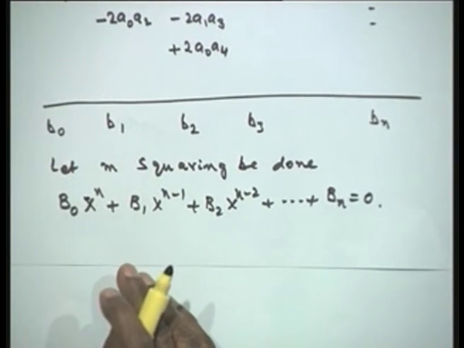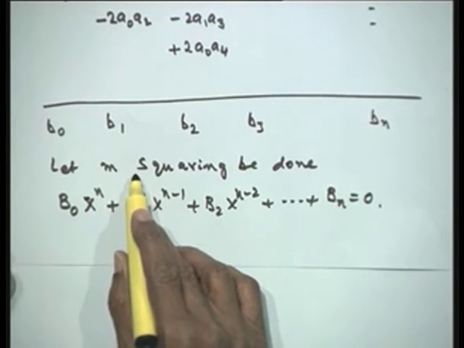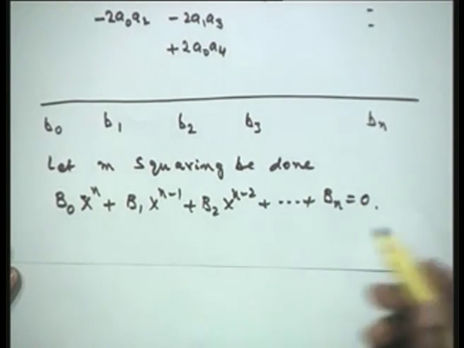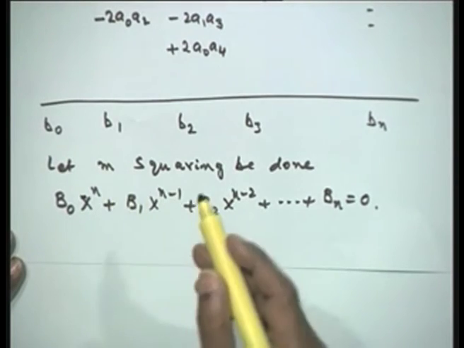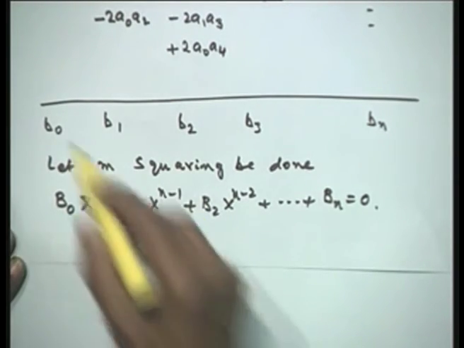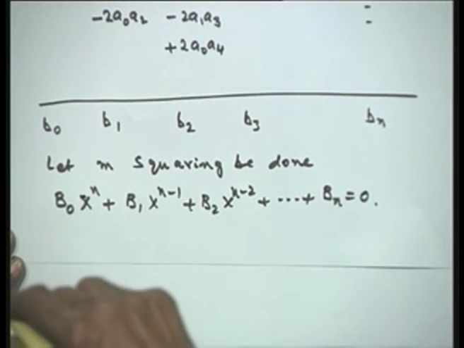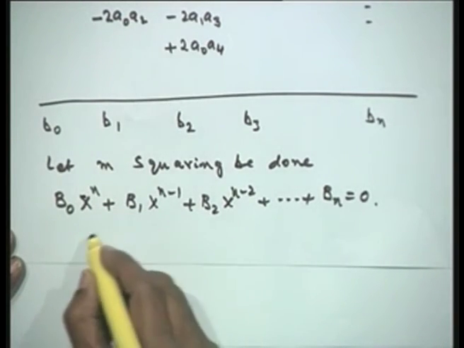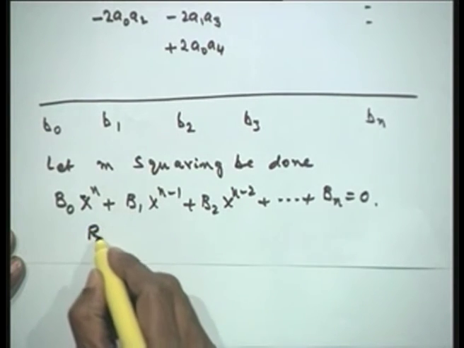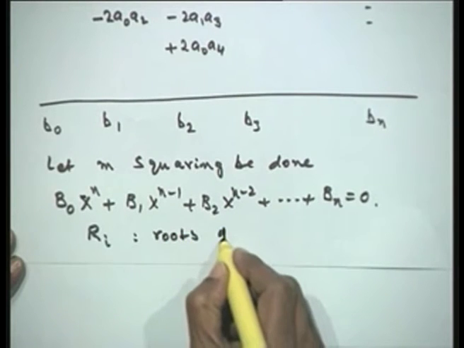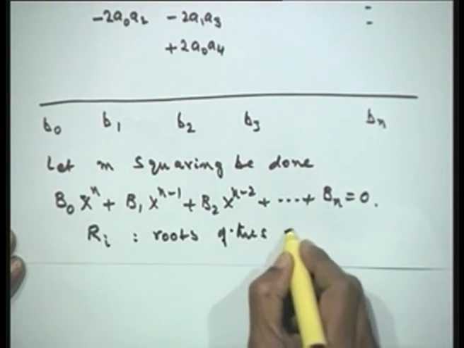Now since we have done the m squarings, each time the roots have become squares of the previous ones. So after m squarings, the roots will become the xi i's to the power of 2 to the power of m with an opposite sign. Let us call the roots of this equation Ri.